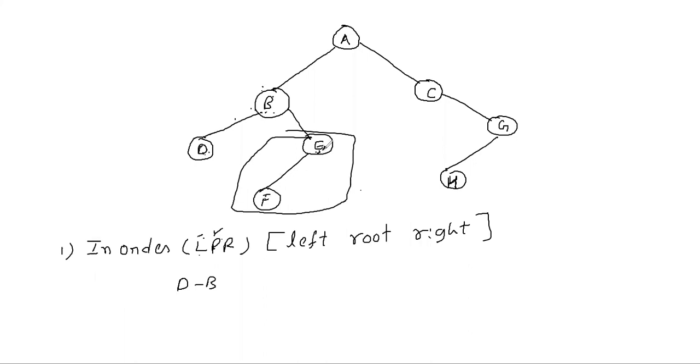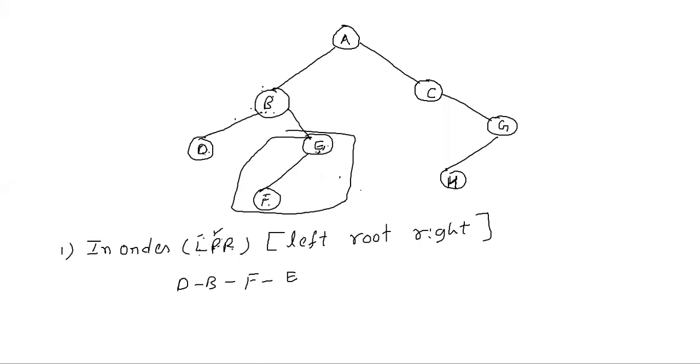Now for E, come to the left side. For E, and for whatever the subtree is, you apply the LPR formula. So for E, what is the left? F. Write that F. After that, what is the parent? F's parent is E. Next, the right side. Is there anything on the right side of E? No. Stop here.